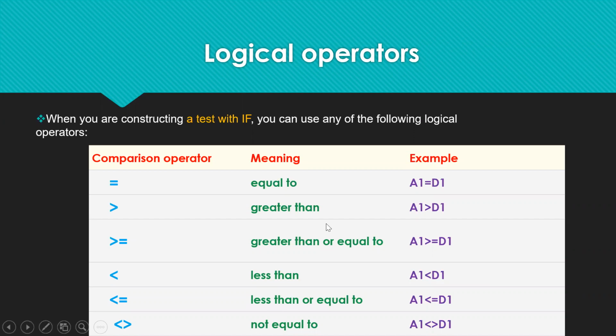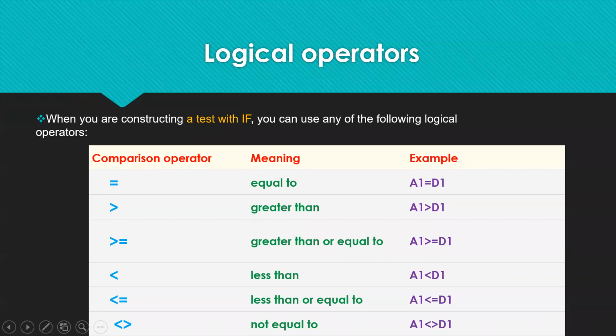We can compare the age of two persons, the salary of two persons, or the price of two cars or two houses. For all number comparisons we can use all these operators: is equal to, greater than or equal to, less than or equal to, not equal to.